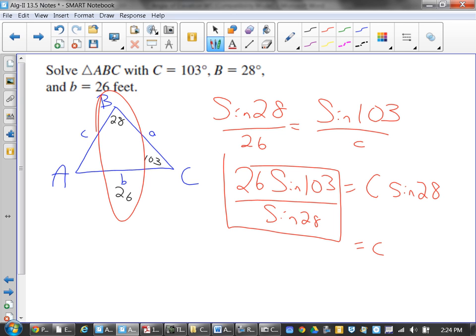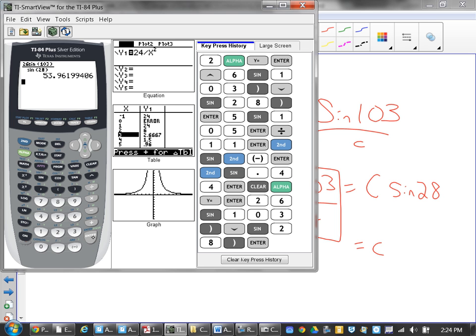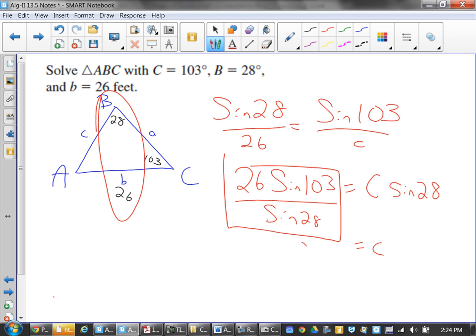Do your alpha y equals, 26 sine 103 over sine of 28. And then enter. The calculator does all of it for you. But write down what you're doing before you do it. I always go to hundredths. Always go to hundredths. So my side C is 53.96.